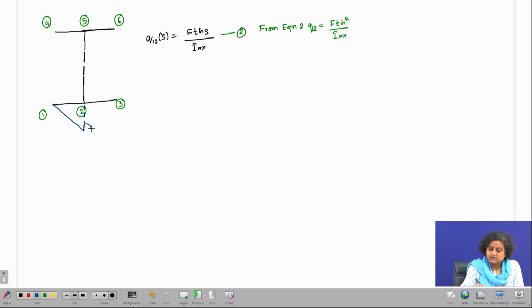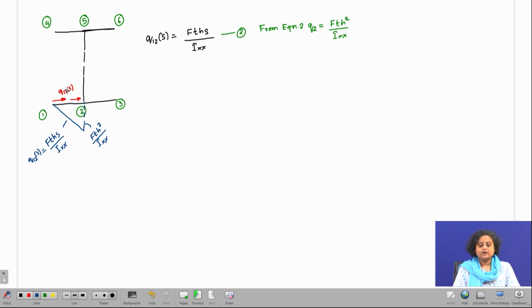So, this value is F T H square by I x x, and this line is given as F T H S by I x x, and the shear flow is in the positive direction that we have considered for S, and this is Q1 to S. This is the direction, and these are the values. Okay. So, this is how we can find out the shear flow in the flange 1 2.